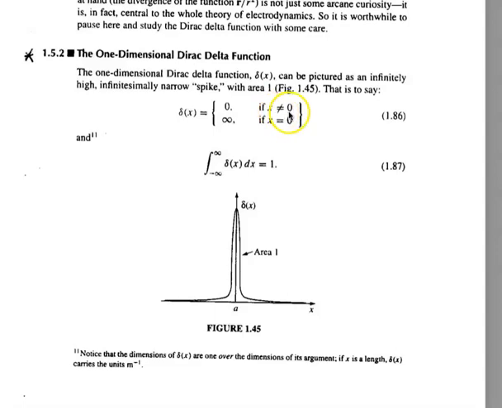So when x does not equal 0 anywhere, from negative infinity to positive infinity along the abscissa axis, the x-axis here, the function is 0 per unit length.